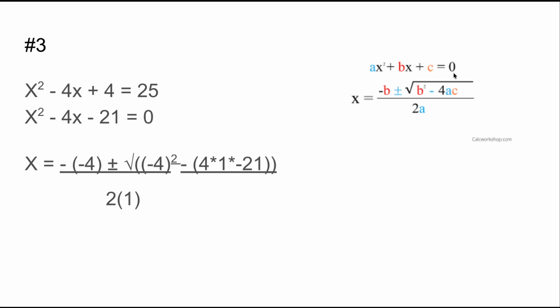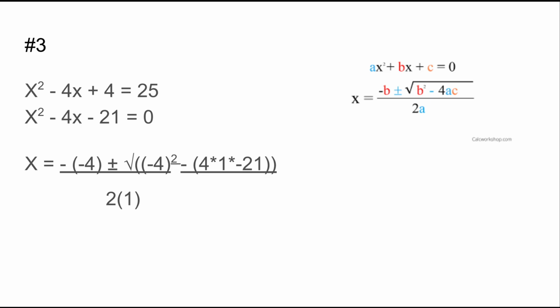Our equation says negative B. So therefore, when we write our equation, we are going to write negative B, and this is B. So I'm going to put it in parentheses just for us to see that visually, that we are going to keep the subtraction sign from our equation and write B exactly the way it is, which ends up being a positive B, but we're going to go ahead and show all of our work by showing this step. Plus or minus the square root of negative 4 squared minus 4 times 1 times negative 21, close parentheses, close parentheses.